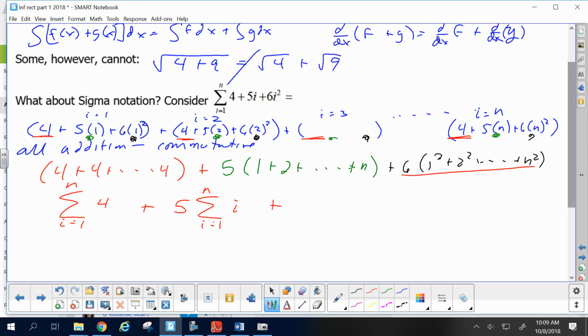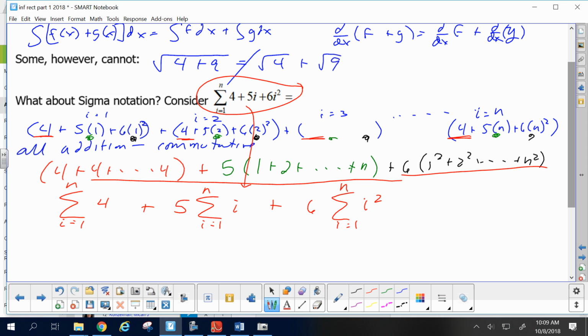Plus a 6 out front times the sum of a bunch of squares put in. Now that's a skill to take from here down to here. We need to have it for tomorrow to go well. It's not too hard, it's just a little bit of algebra.